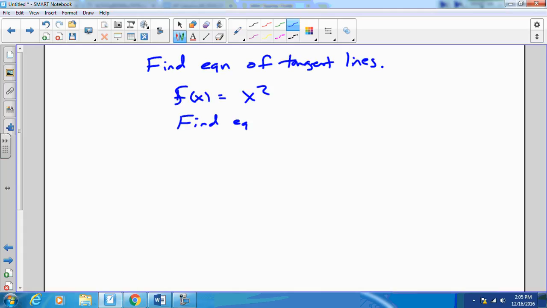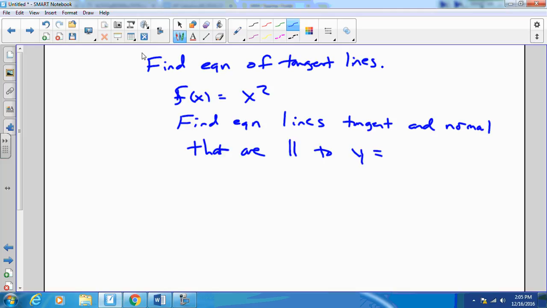So for example, if f of x is equal to x squared, find the equation of the line tangent. How about the lines tangent and normal, that are parallel to y equals 6x minus 1.